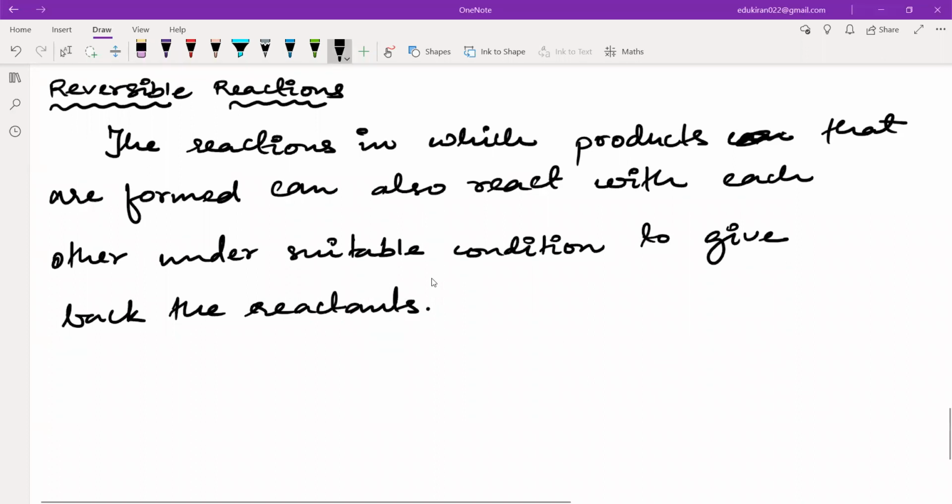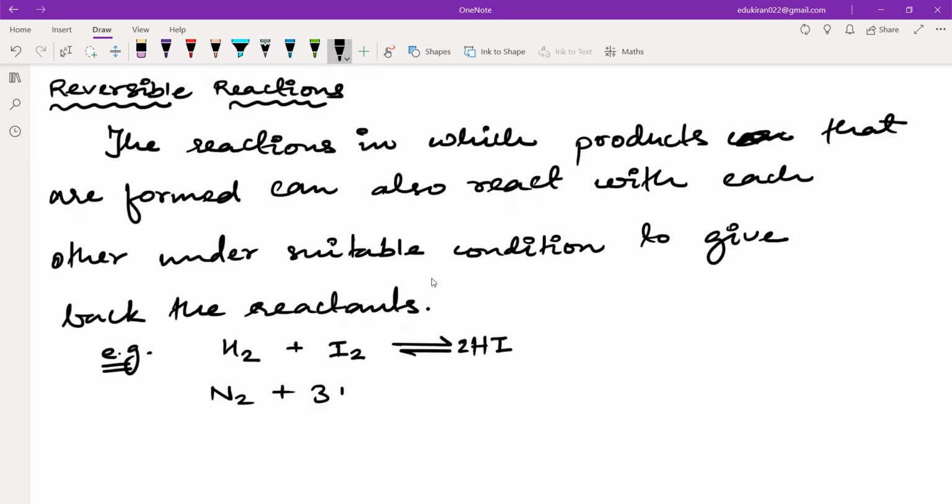You can write some examples. H2 plus I2 can convert back to HI, 2 moles of HI. Similarly, you will have N2 plus 3H2, they can form 2 moles of NH3, and also the NH3 can get dissociated back to N2 and 3 hydrogens.